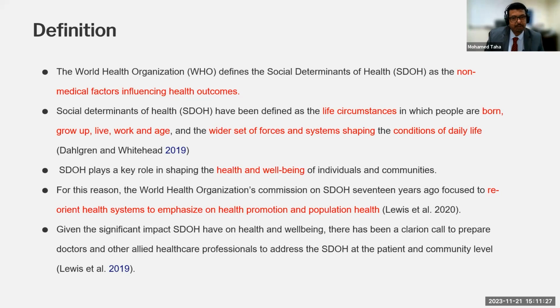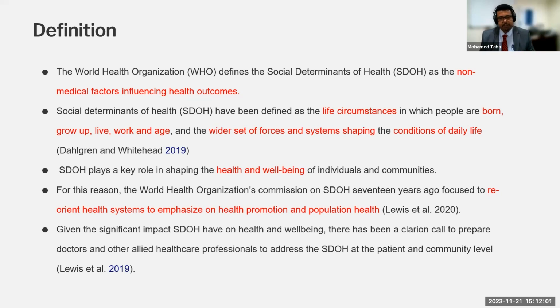The social determinants of health have been defined by Dahlgren and Whitehead as life circumstances in which people are born, grow up, live, work, and age, and the wider set of forces and systems shaping the conditions of our daily life, everything affecting our life. And actually, it plays a key role in shaping the health and well-being of individuals and communities.